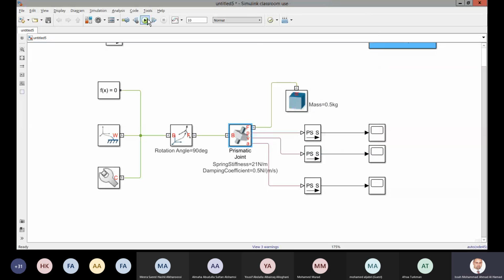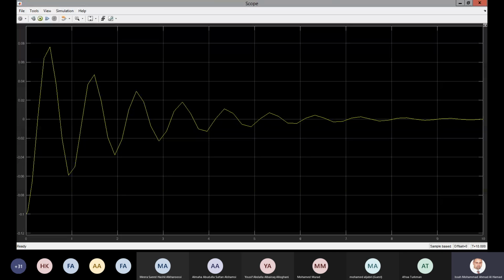Okay, let's run and see what happens. So now it started from a position of -0.1. The equilibrium position that we have specified is 0. If you change the equilibrium position to a certain value, it will also be reflected here. Whatever you change will be reflected here as well. So if you compress the spring, it will start from here. If you stretch the spring, it will start from above. And so on.